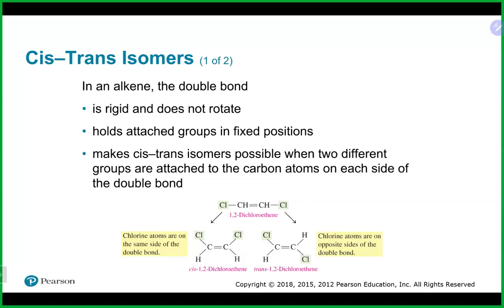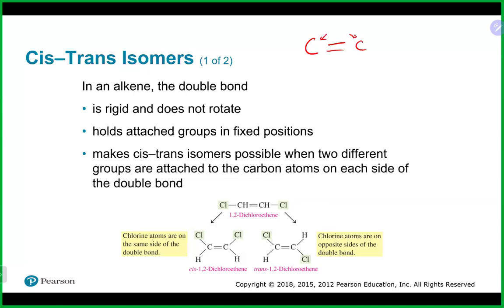Now, when we look at a cis or trans isomer, the possibility of having it comes down to a couple of things. When you look at the double bond, the two carbons you want to look at are the ones involved in that double bond.